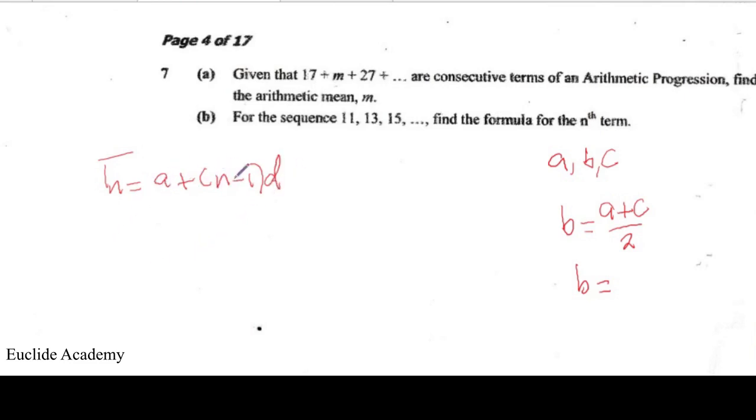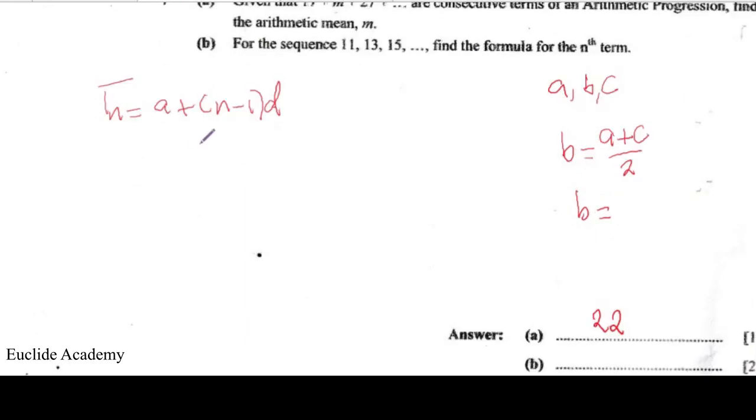That is the first term plus the nth term minus 1, multiplied by the common difference. I shouldn't be explaining most of these things, I should just be solving, but I should be explaining because I'm trying to race against time here.